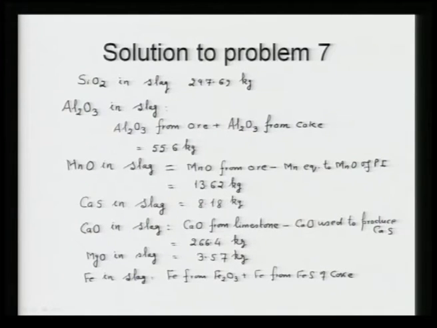This is the total input of iron minus iron in pig iron. Now, as a result of balance, you have calculated the iron and it has to be converted into FeO. So, then the amount of FeO will be equal to 97.48 kg.